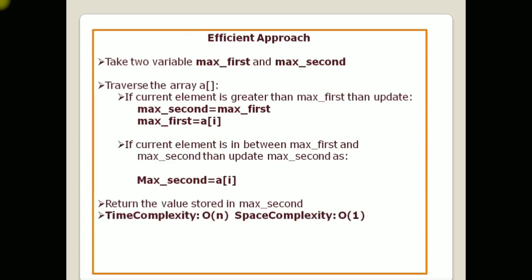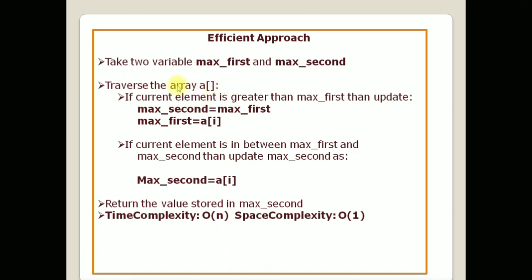The efficient method with which we are going to work is this approach: we are going to take two variables, max first and max second, and maintain them. Max first contains the largest element in the array and max second contains the second largest. Okay. So there is an array provided to us.